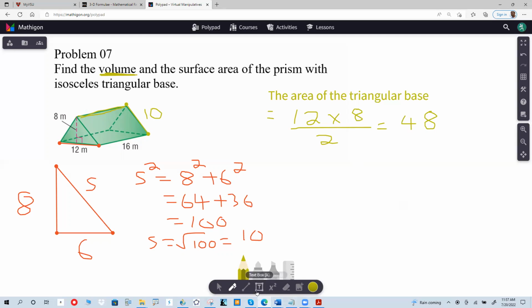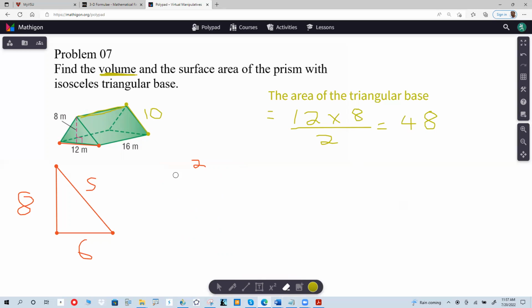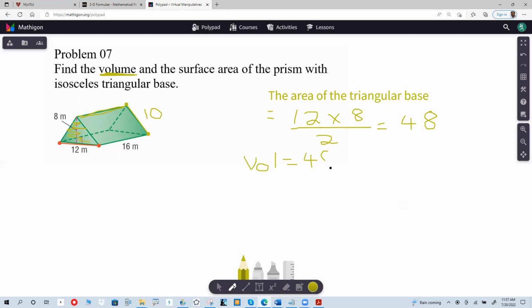12 times 8, I think that's correct. Now, guys, if you don't mind, I'm going to erase this writing here. I need the room. And we are actually done with the hardest part. So I'm going to find the volume. Volume of any prism is the area of the base, which we did, multiplied by the height. So the volume is simply 48 times 16.